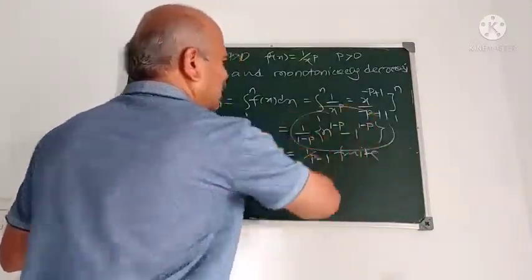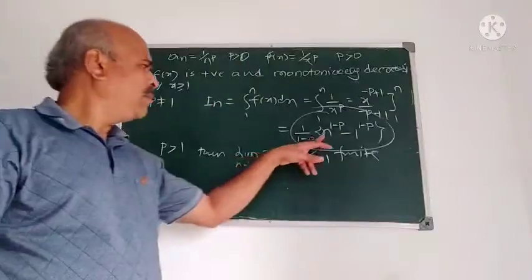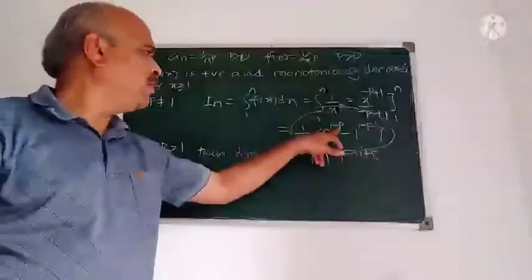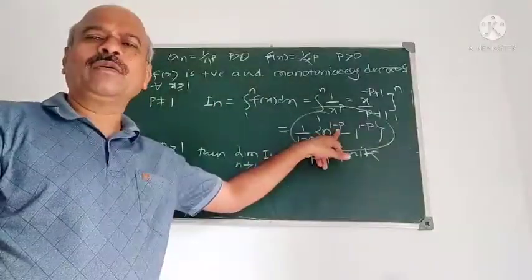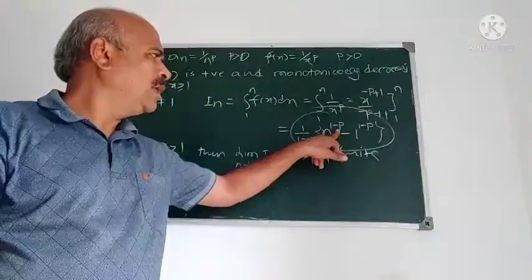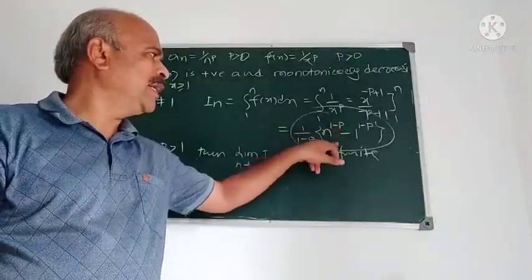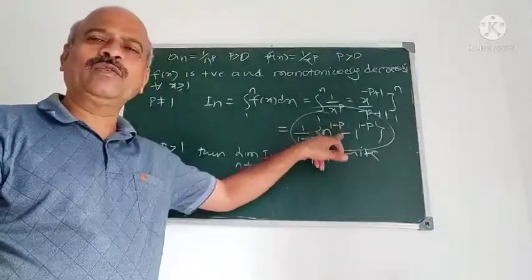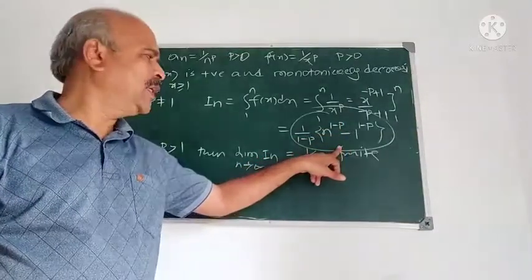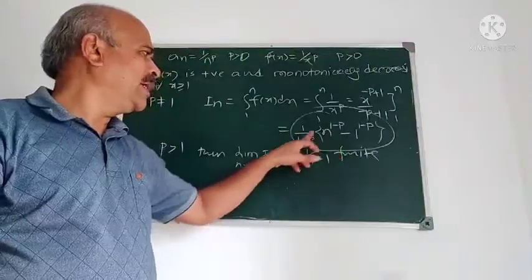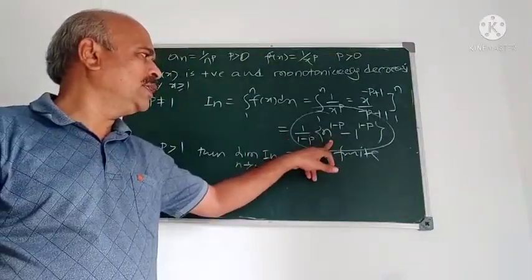This you have to understand, this is important. When p greater than 1, the value of p is important. Since p greater than 1, 1 minus p is negative. The negative index goes to the denominator, and as n tends to infinity, 1 upon infinity is 0.